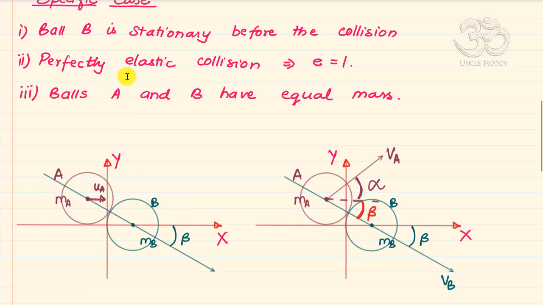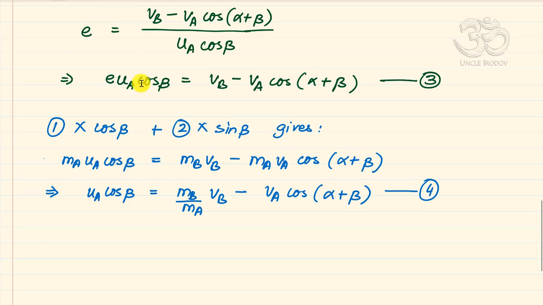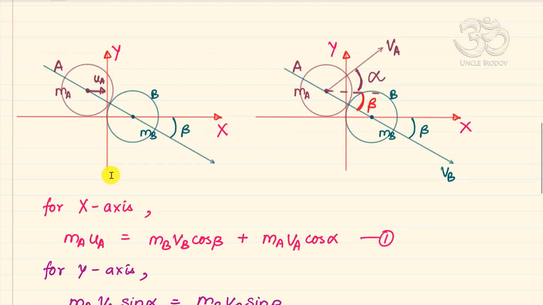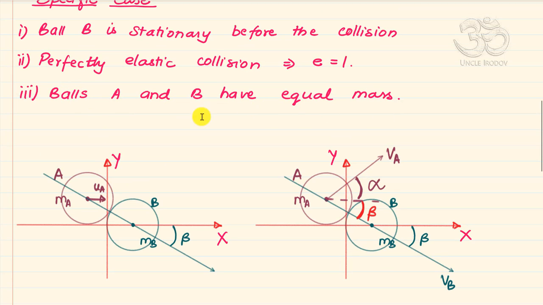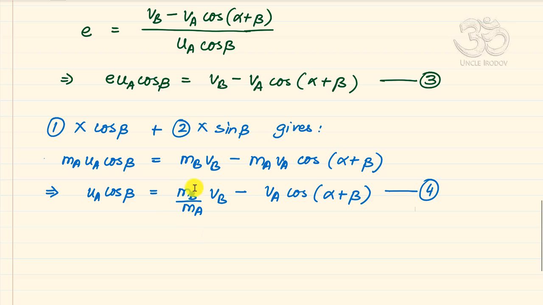You see, I have assumed it to be a perfectly elastic collision, so E becomes 1. So when E becomes 1, the LHSs are exactly equal. And when I assume that the two masses are exactly equal, balls A and B have equal masses, then you will see that this ratio mb by ma will also become 1. Right. So what have we got?